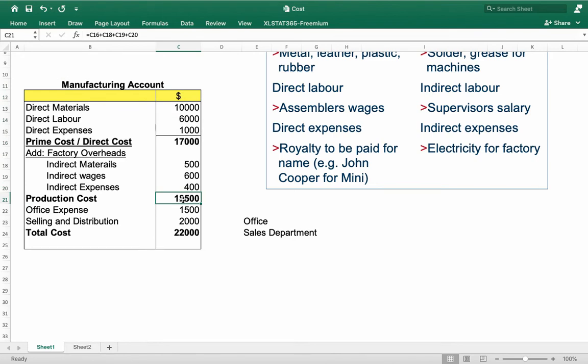But if you want to find total cost, this is the cost incurred in the factory, this is the cost incurred in the office, and this is the cost incurred in the selling and distribution department. Add up all this, then you get the total cost of your business. So don't get confused: this total cost doesn't mean the production cost. This total cost includes the production cost.